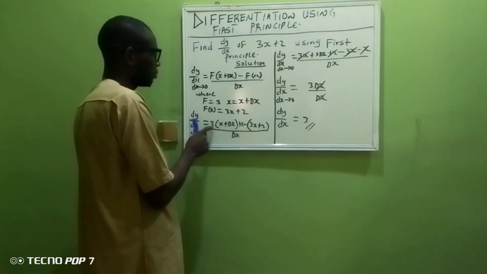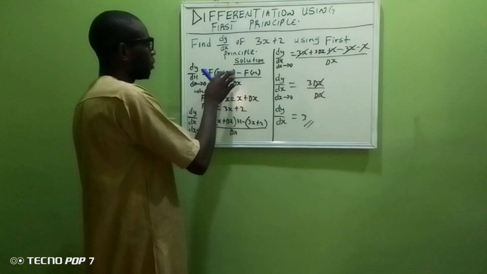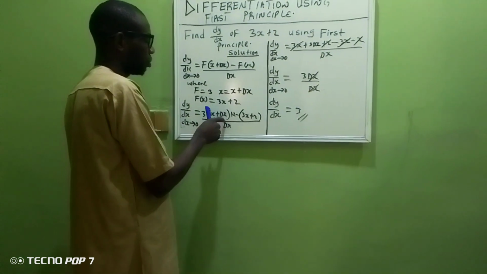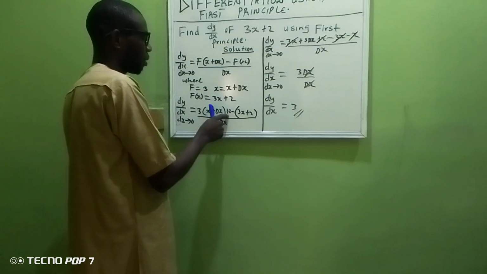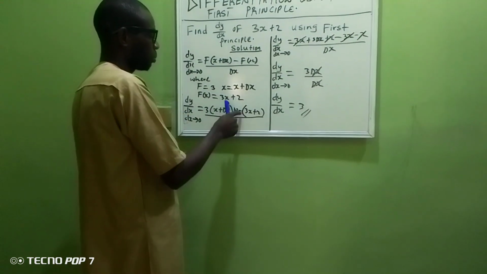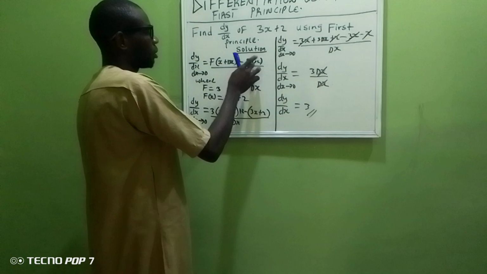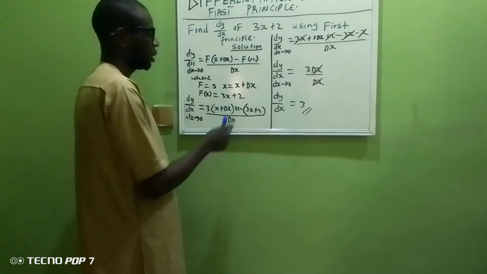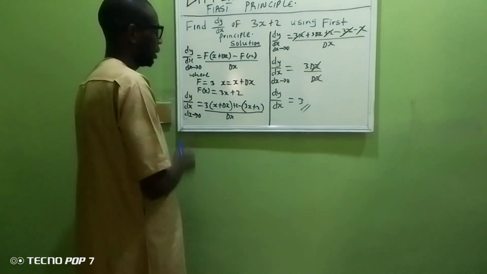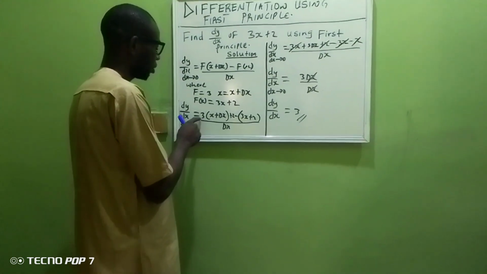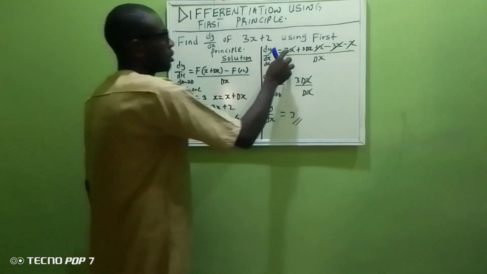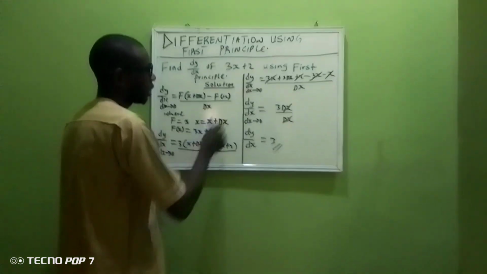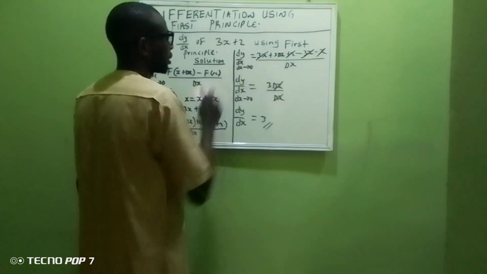We put 3 open bracket. The whole of x, the x is x plus δx, so we now put x plus δx close bracket. We now put our minus open bracket. What is our f of x? Our f of x is 3x plus 2. We now have 3x plus 2 all over δx. The next thing is for us to open the bracket. 3 times x is 3x. 3 times plus δx will now give us 3δx.